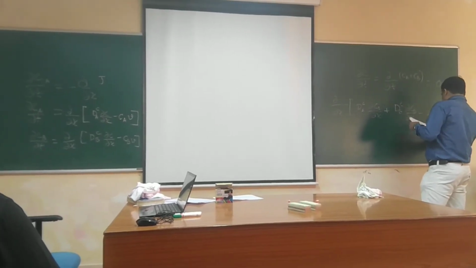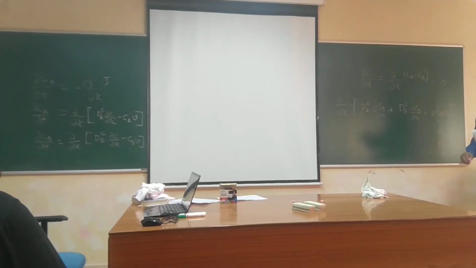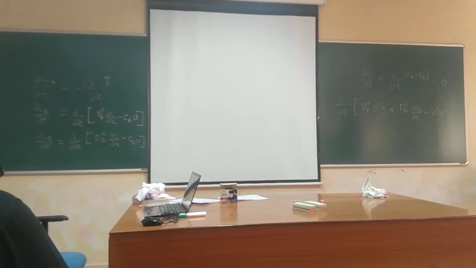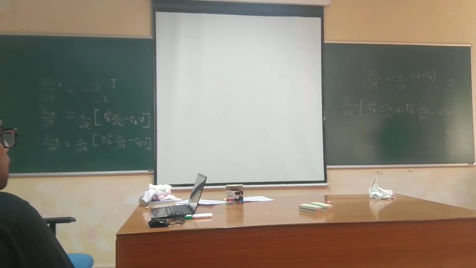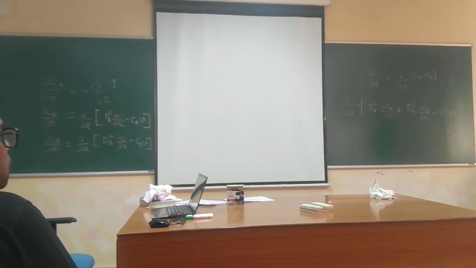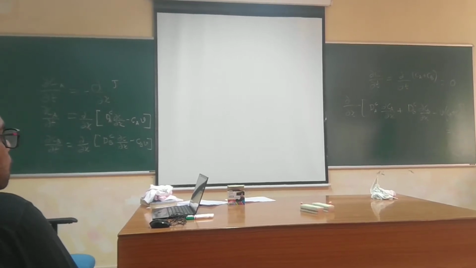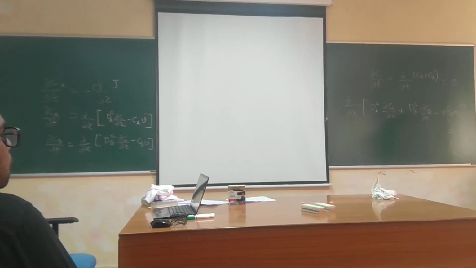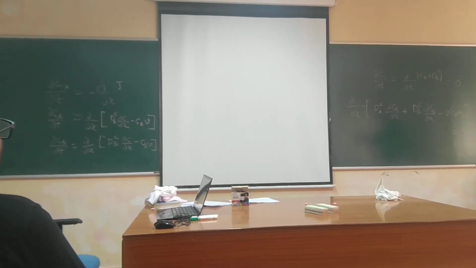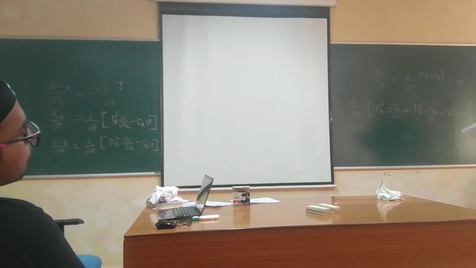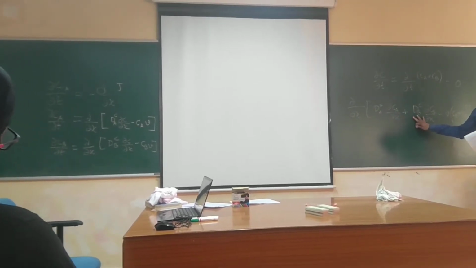It should be equal to 0. I'm just adding those: del CA del T plus del CB del T. The right hand side summation should be equal to 0. That means till this part, anyone has any question?